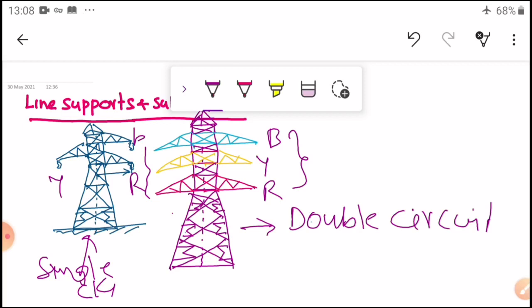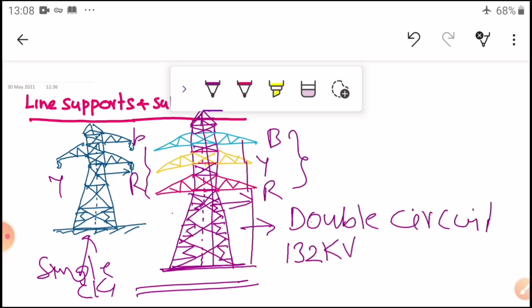Your aim is to draw this simply. They will give the dimensions, the heights and the lengths, everything, but you have to prepare these diagrams neatly. So our aim is to draw 132 kV single circuit and double circuit.